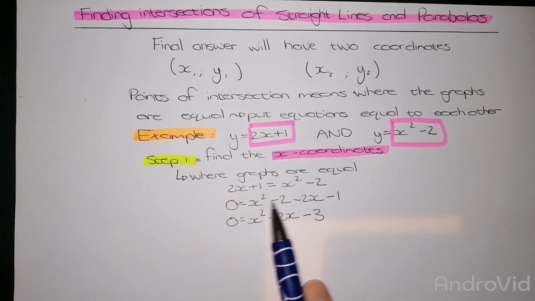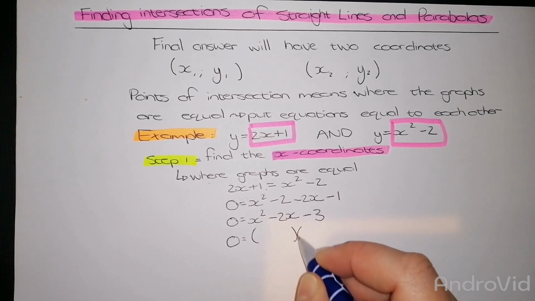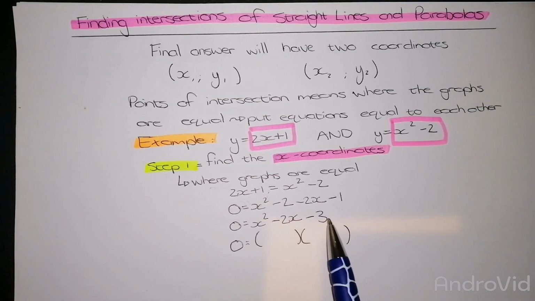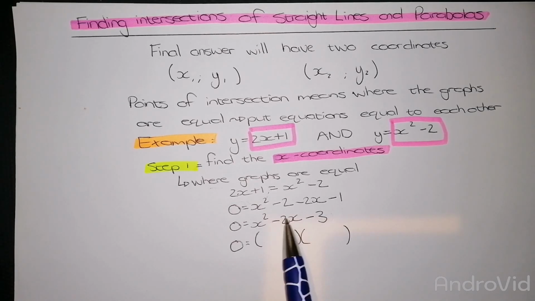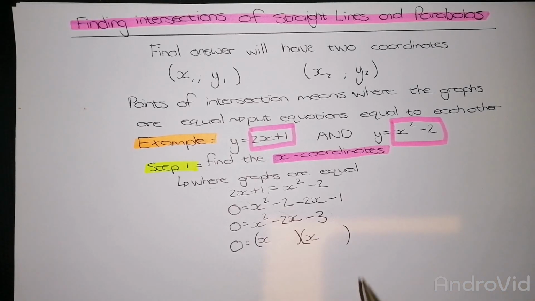When I simplify this, I know that quadratic equations I need to factorize. When I factorize, I know that there should be two sets of brackets. I need to find something that multiplies to get negative 3. And when you add those two numbers together, it needs to give me negative 2. So I'm going to start writing down my x's at the start.